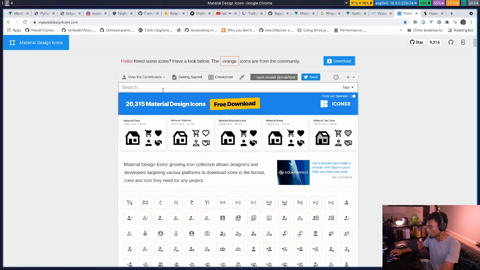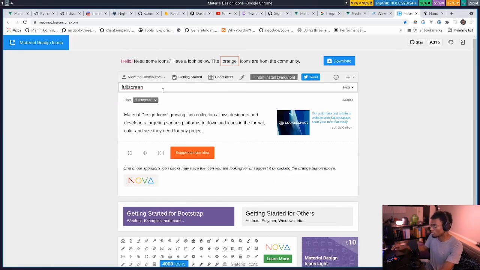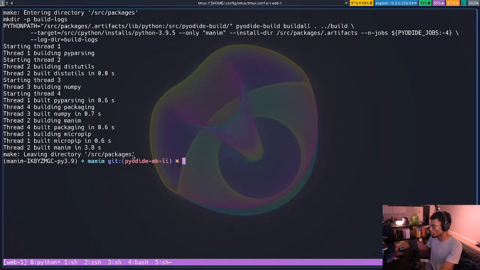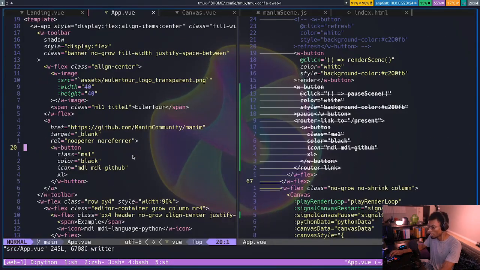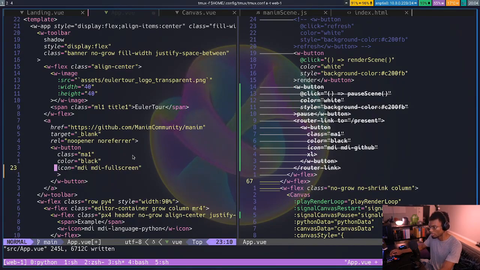Okay, let me get the... go back to this button. This probably won't have to be extra large.